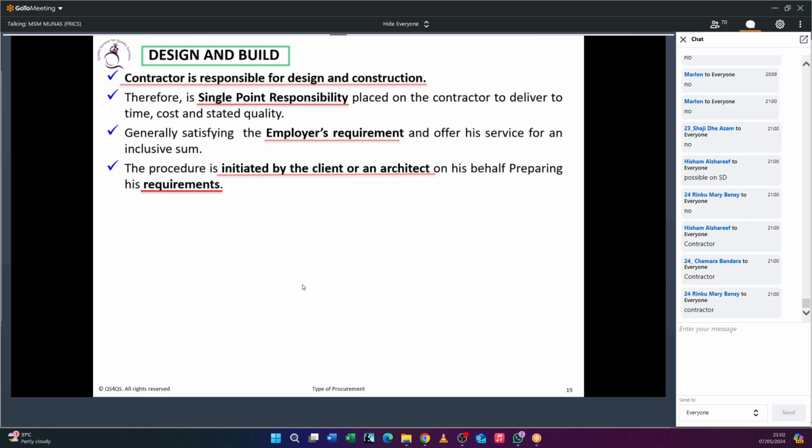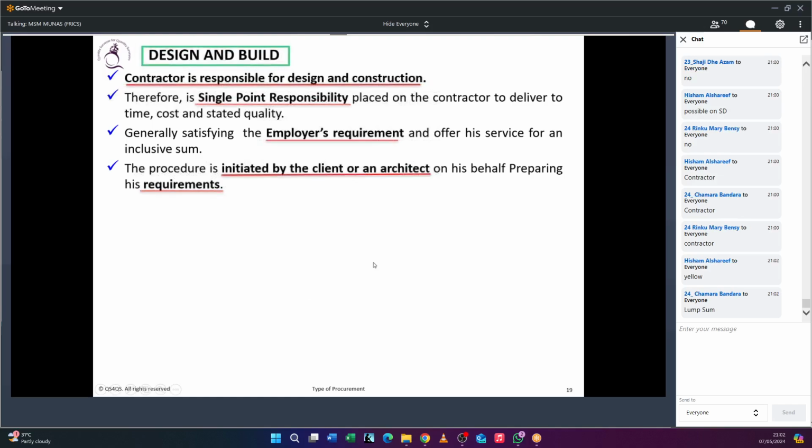Okay, in general, design and build contractor will go under what type of contract? Anyone have any idea? Not a procurement condition of contract. I'm asking about the type of contract. For a design and build, lump sum.